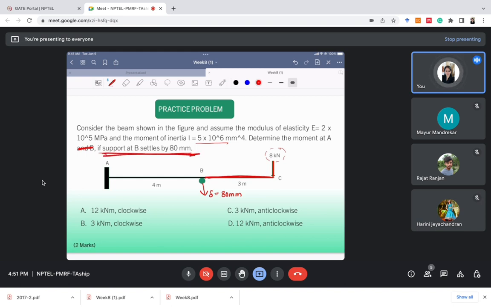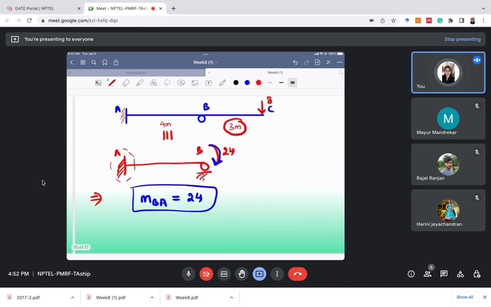So earlier we were always taking 6EI delta by L square as 0, but here it would not be 0. What is the sign convention for this delta term? Whenever the right hand support settles downward, the delta value will be positive. A is on the left side, B is on the right side, so that is the sign convention.